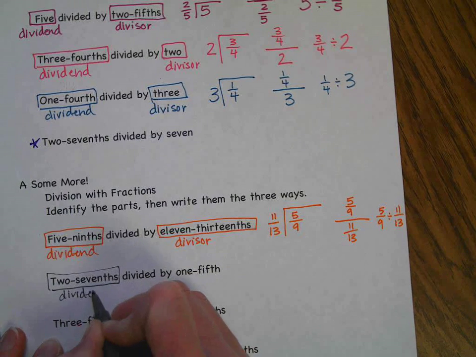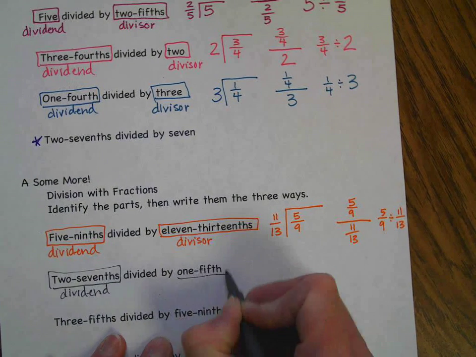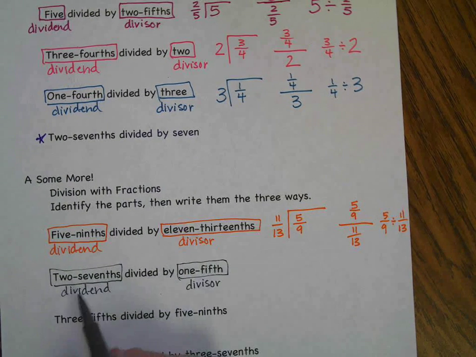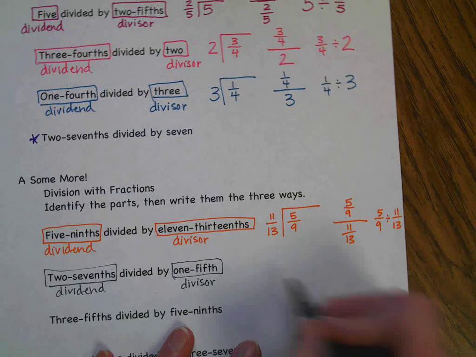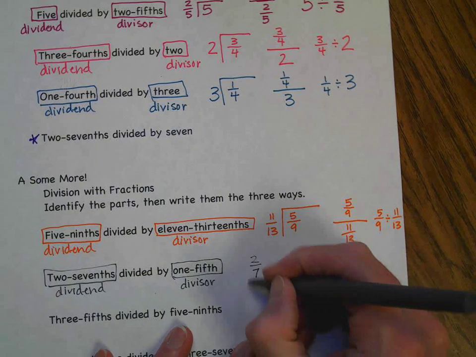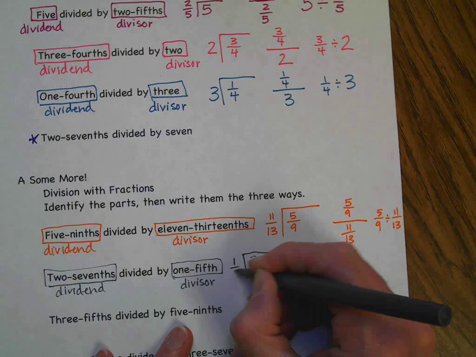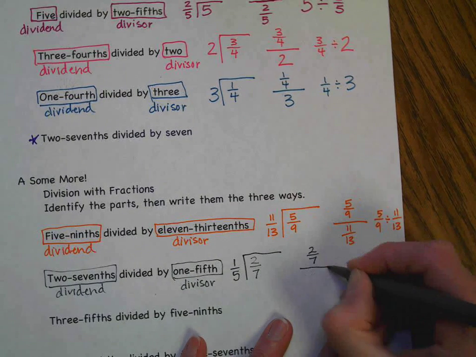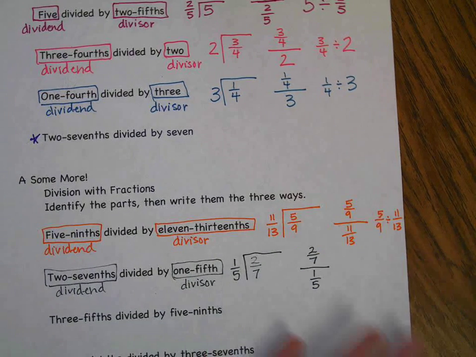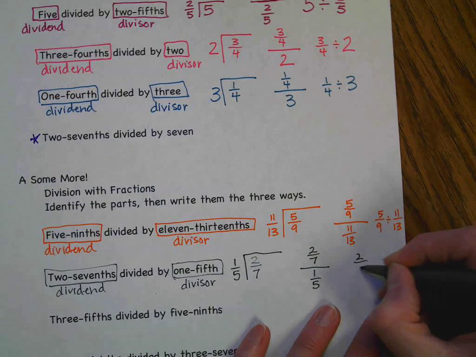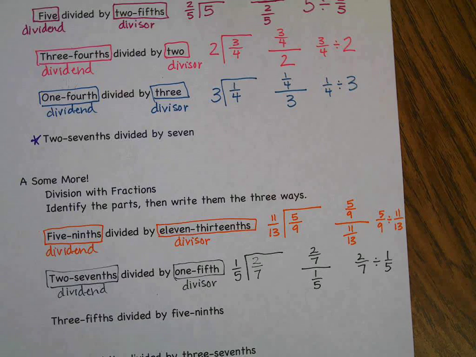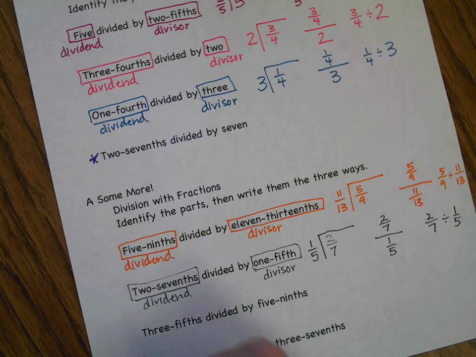All right, so now let's try the next one. 2/7 is the dividend, and 1/5 is the divisor. So I have 2/7 divided by 1/5. 2/7 divided by 1/5, that's one way. 2/7 divided by 1/5 is another way. And 2/7 divided by 1/5 is the last way. Okay, good job.